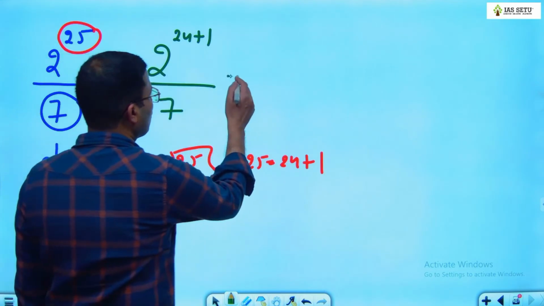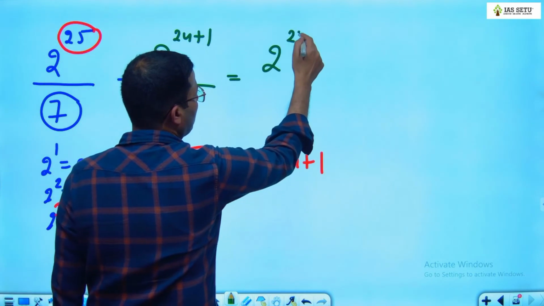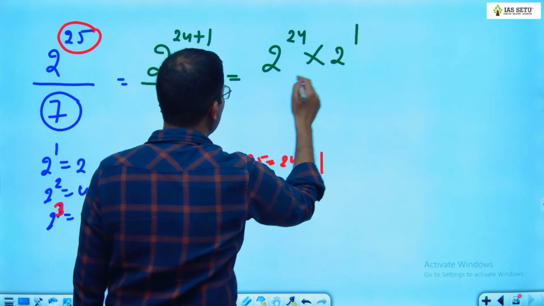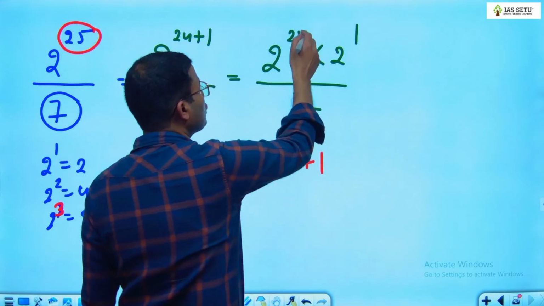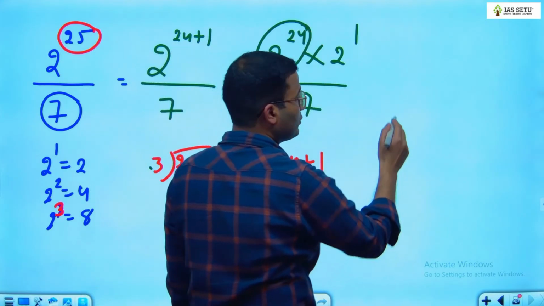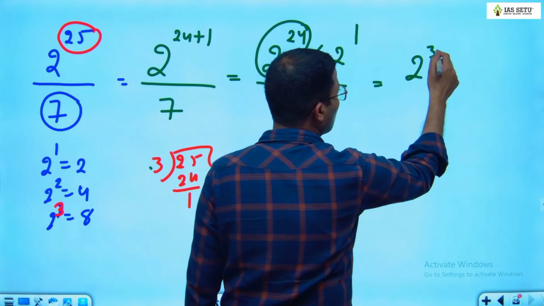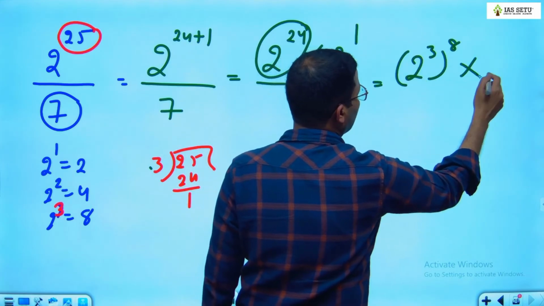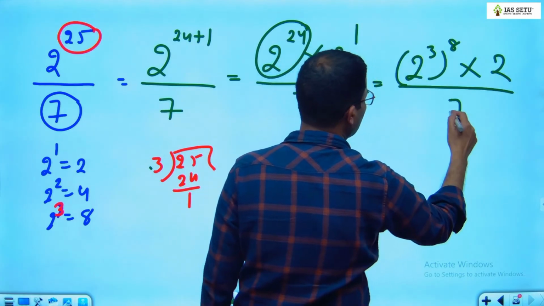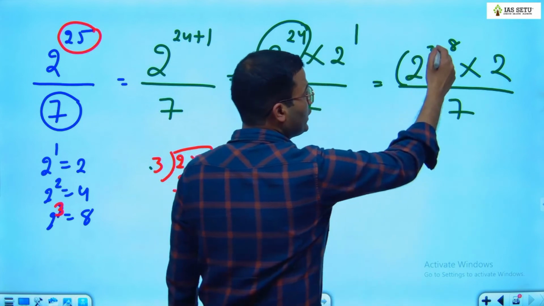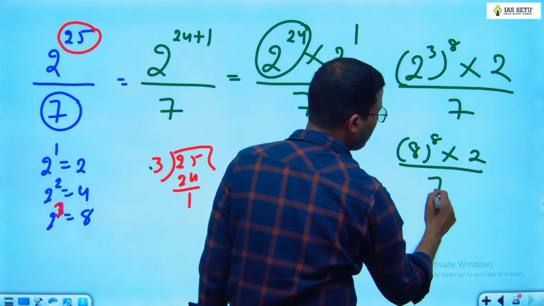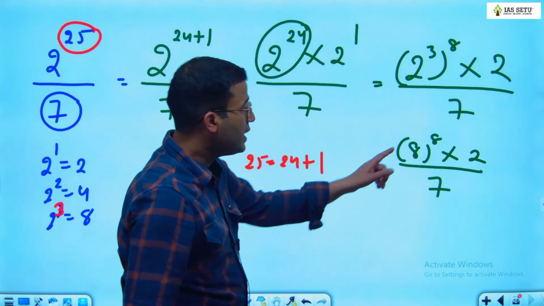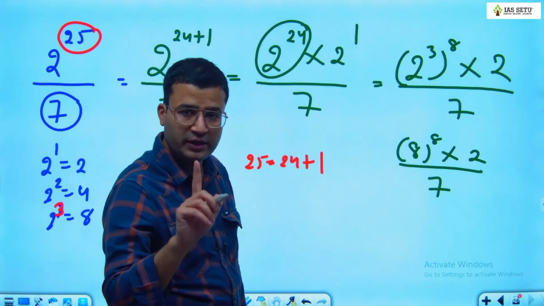So we write it as 2 to the power 24 into 2 to the power 1 divided by 7. Then 2 to the power 24 is easy, because it can be expressed as 2 cube bracket 8 into 2 divided by 7. So it is 8 to the power 8 into 2 divided by 7. Every 8 with respect to 7 gives remainder 1.